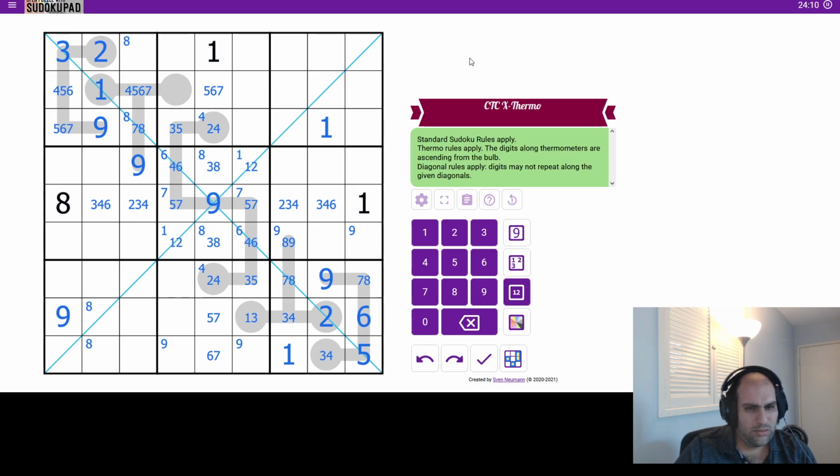Whew. Okay, so let's just think about what makes the most forcing move out of anything, would be to put a 3 here. It's going to get a lot of digits decided.